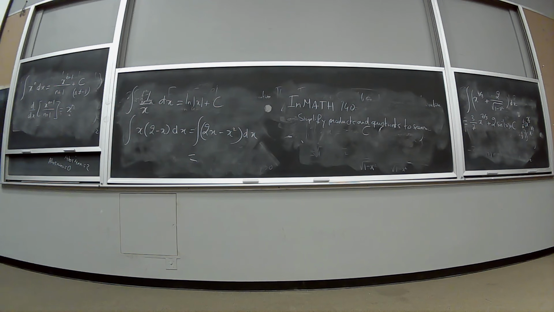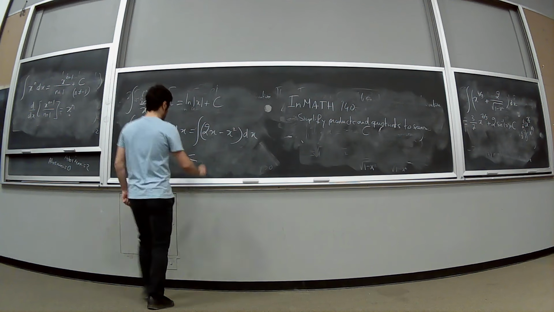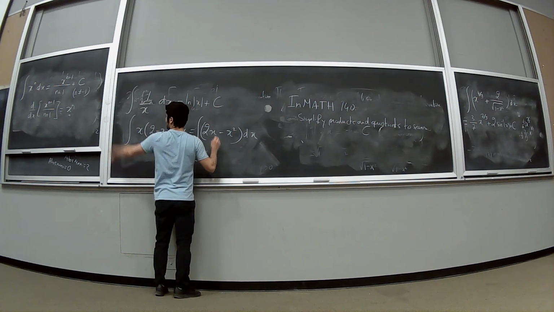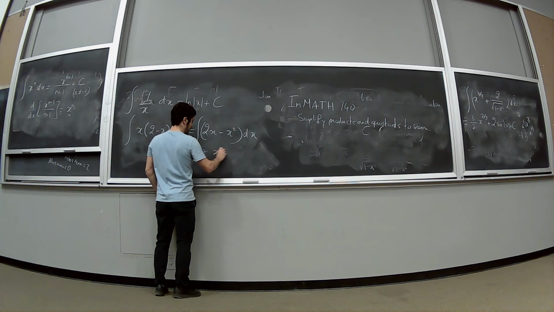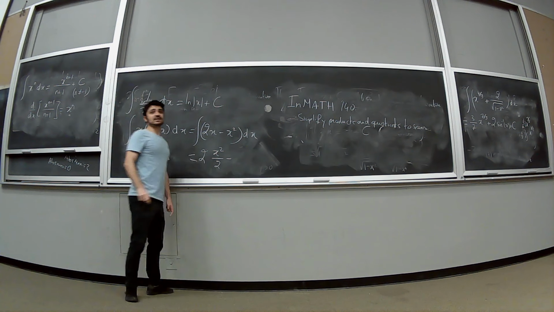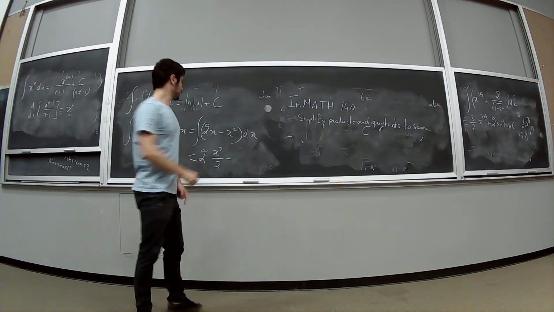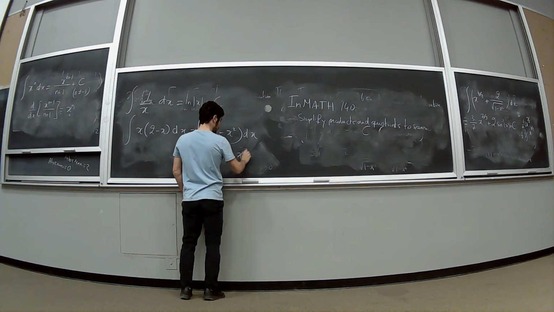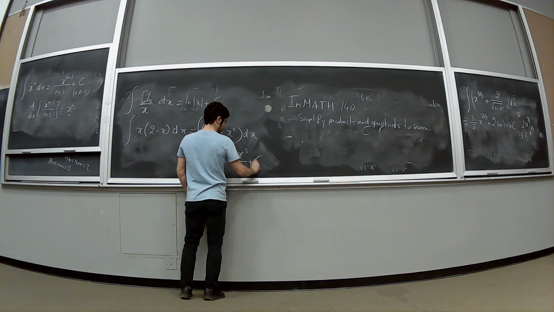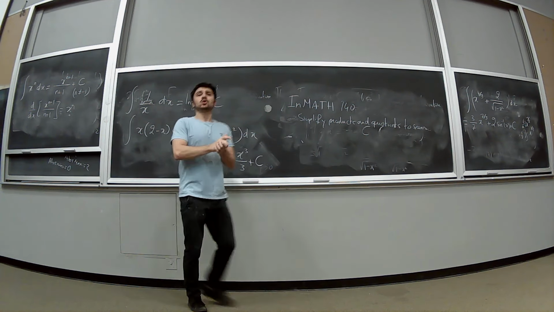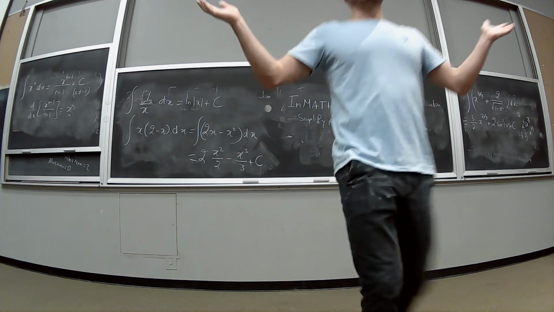What is that? X squared. I mean, you can do it this way, using this formula: 2 times x squared over 2, minus. What's an antiderivative of x squared? It's x cubed over 3. Plus c.